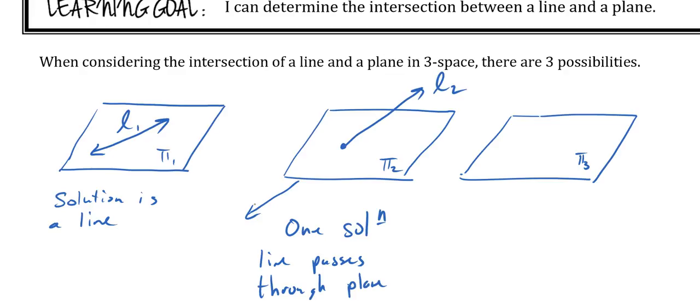Okay, and what would be the third one? There's three. Yeah, so it would be like that. So there's no solution.